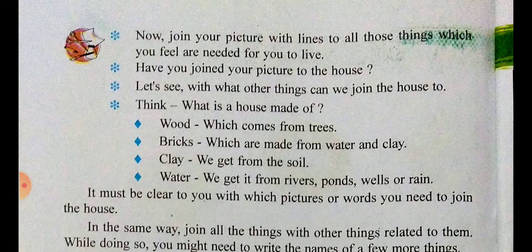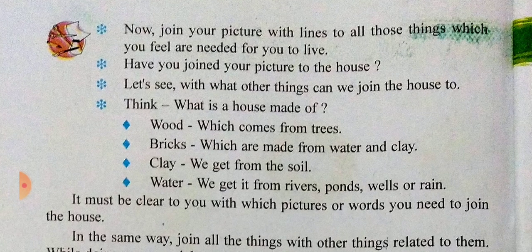Which things do we think are necessary for us? Water, air, food, sun, moon and house, whatever you think is necessary for us, you have to make a line.